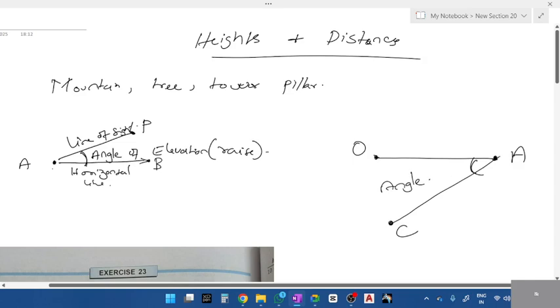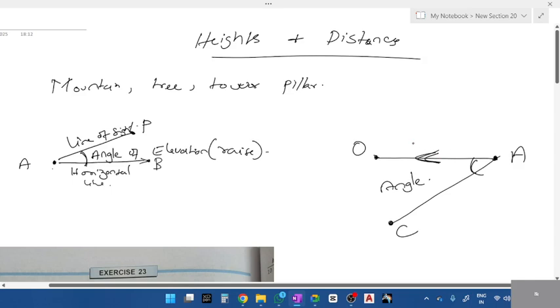From point A to point O, what do you call that line?